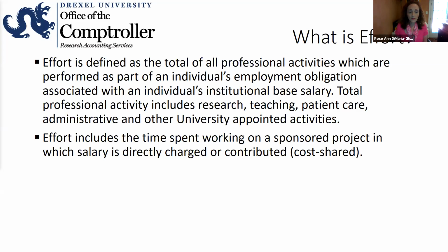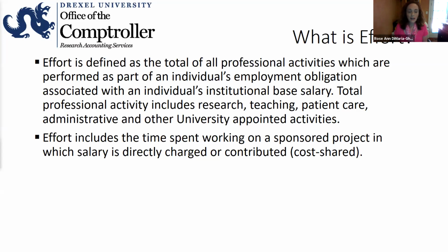So this is all professional activity that includes research, teaching, patient care, administrative and other university appointed activities. So that when you go into your effort report, if you do have a federal grant, or any grant that effort is charged against, you'll see a breakdown, and we'll see what that looks like in a minute.